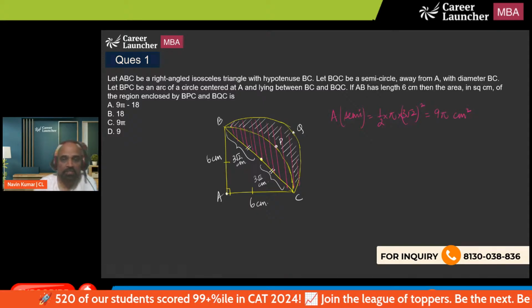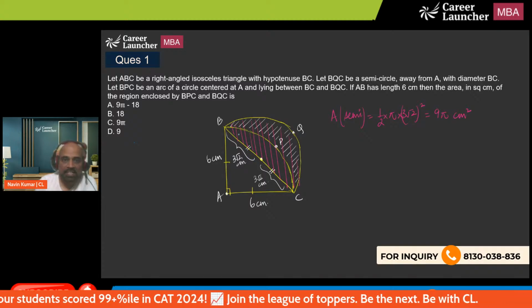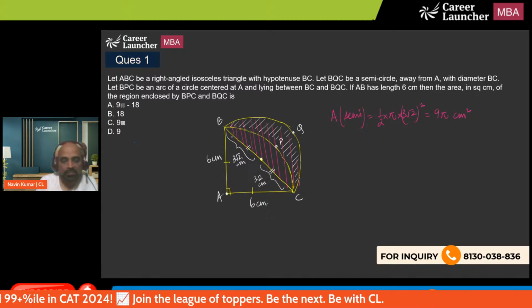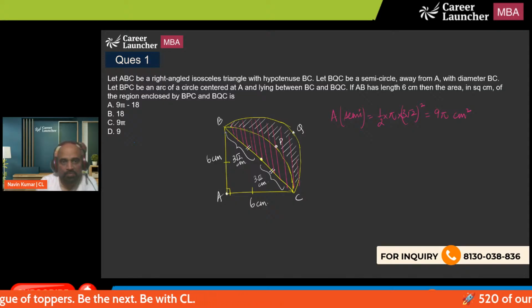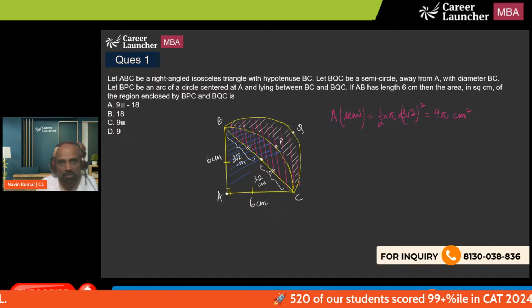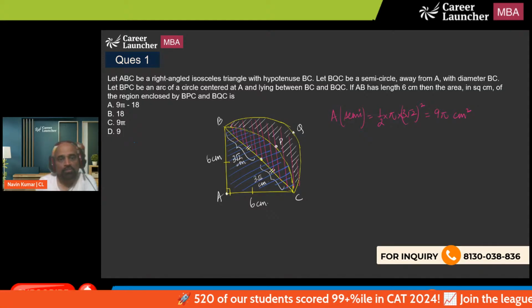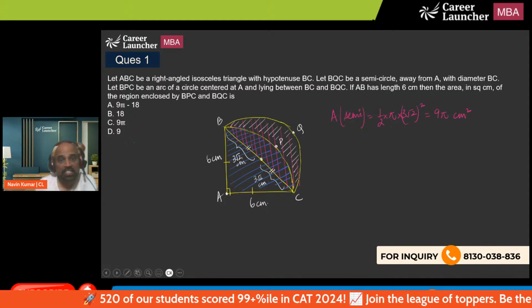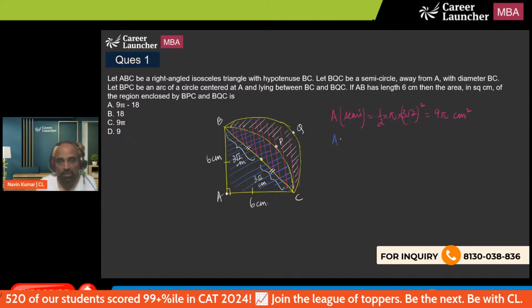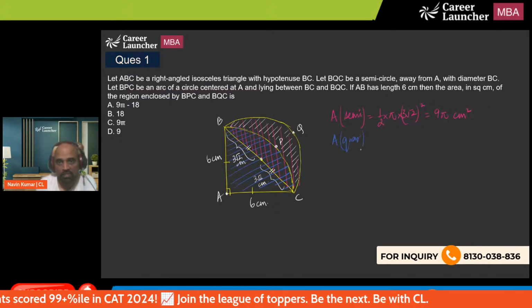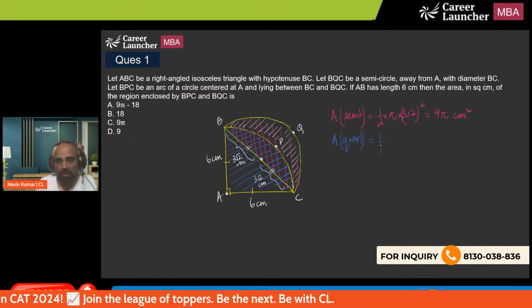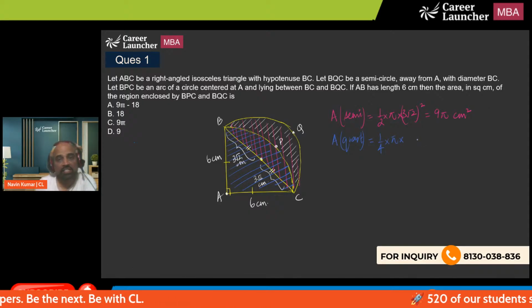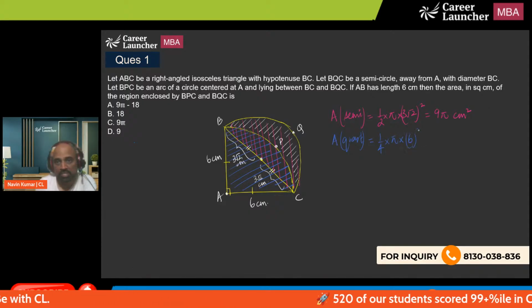Now from this, what we see is this area, which is the quarter of a circle with radius as 6. So area of that quarter of a circle is going to be 1 by 4 times pi, and here the radius is going to be 6, so it's going to be 6 square.